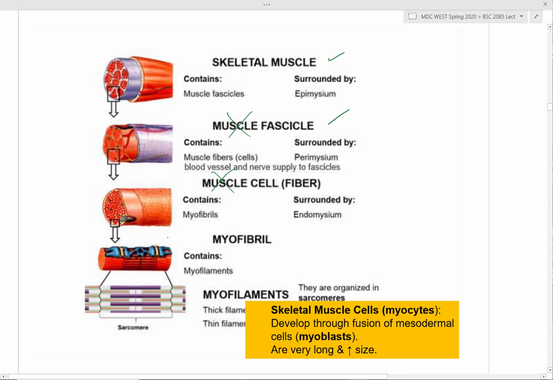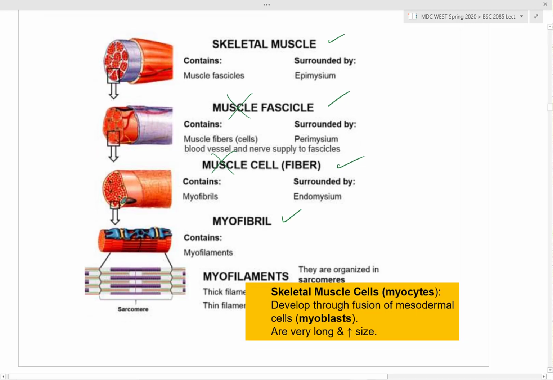Followed by your what? Fiber, which is known as the cell. That's what we were talking about now. And then inside the cell you have the tiny what? Fibrils. And in those myofibrils you said you had either thick or thin. So those are known as myofilaments, which are thick or thin. Actin or myosin.